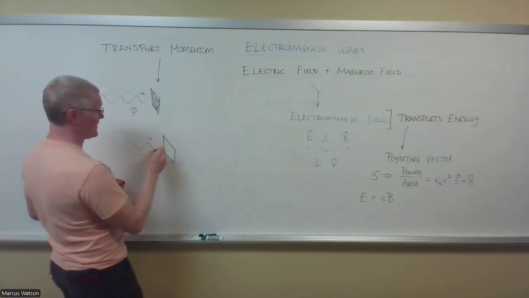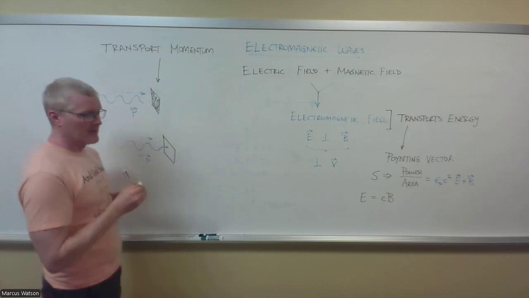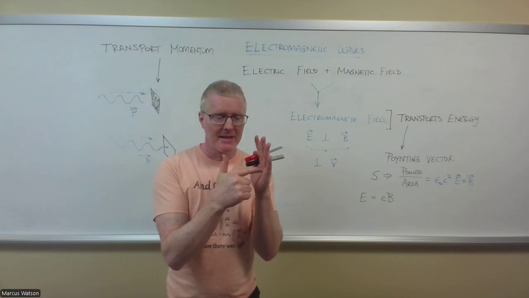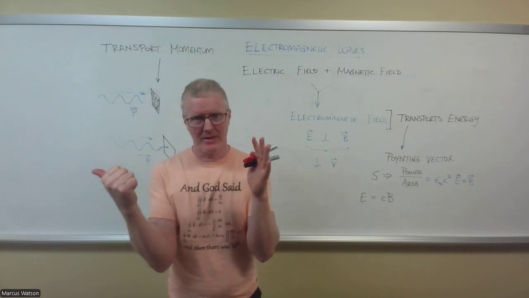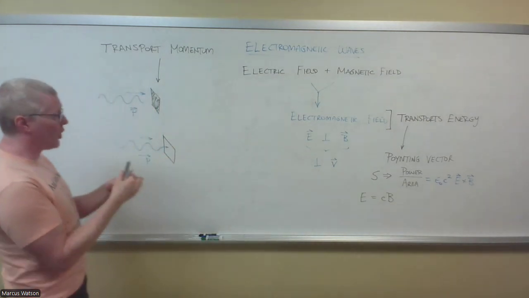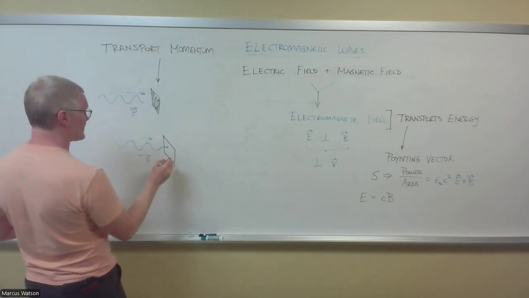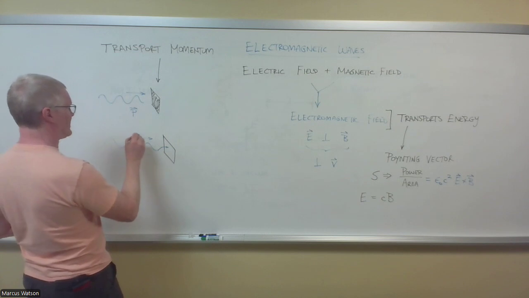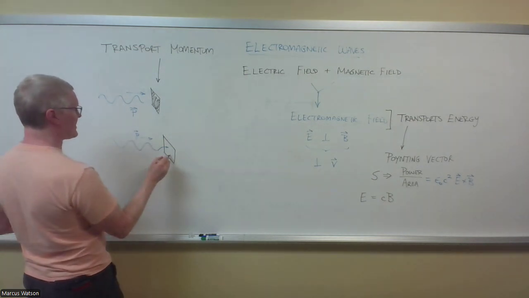Okay, so it hits. But what does it do? If it's white, it reflects, right? So this is now going to bounce off. It's going to turn around, and it's going to be outgoing. I'll just put the P up here. And now it's going to come out.